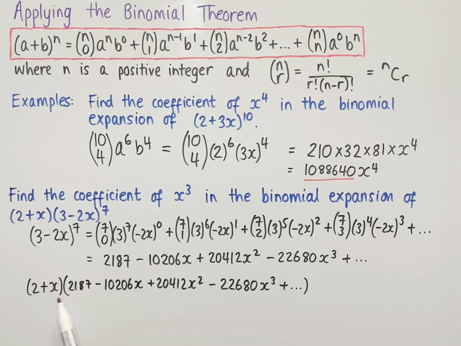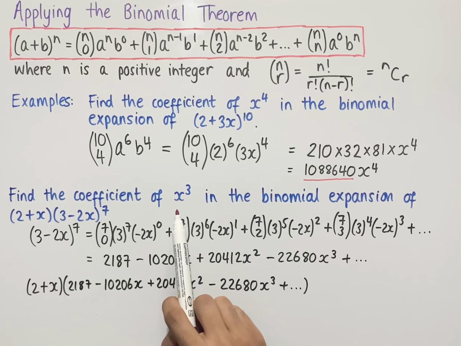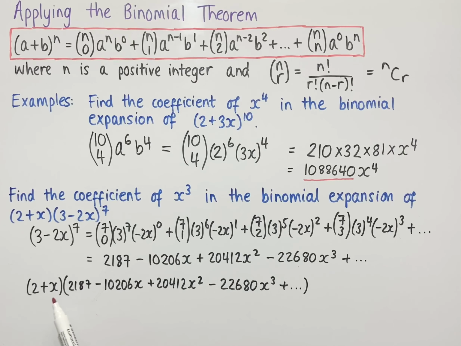So if we were to expand these brackets out, we would start with 2 and multiply each of the terms within the second bracket with 2. Then we would look at x and multiply each of the terms within the second bracket with x. Within all of that multiplication, we are only interested in the terms that have x to the power of 3 within them. So 2 times 2187 wouldn't give us a term that has x to the power of 3, and likewise 2 times the second term wouldn't either.